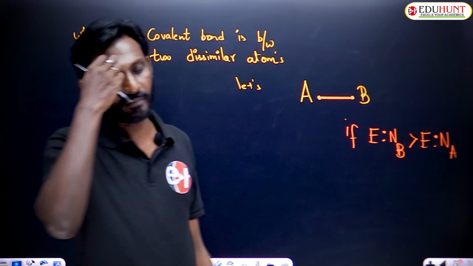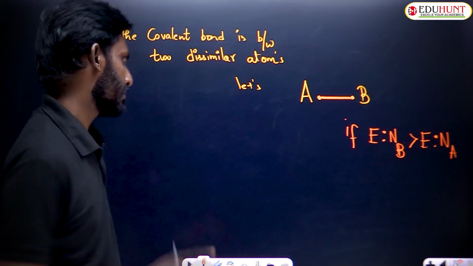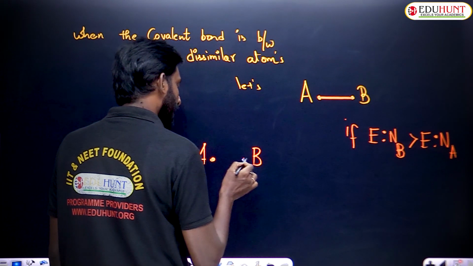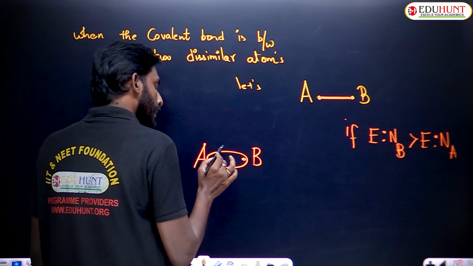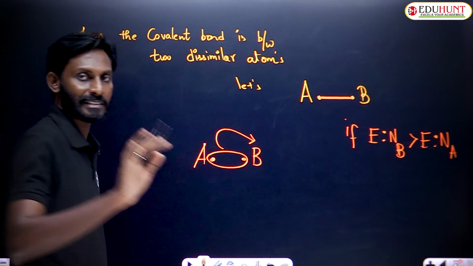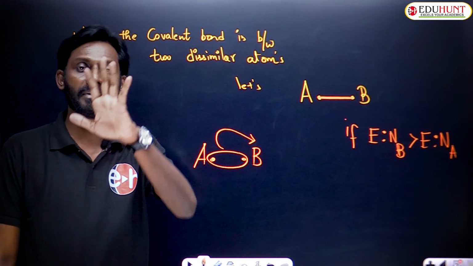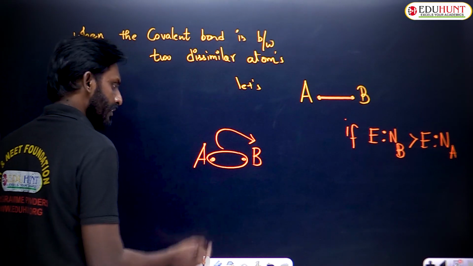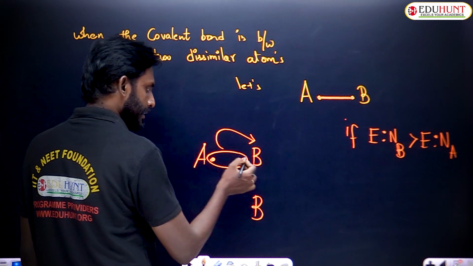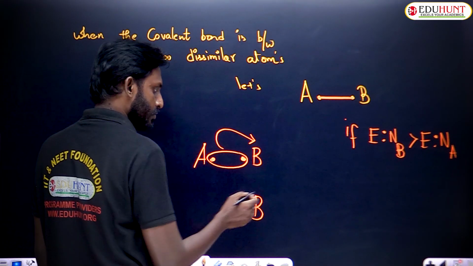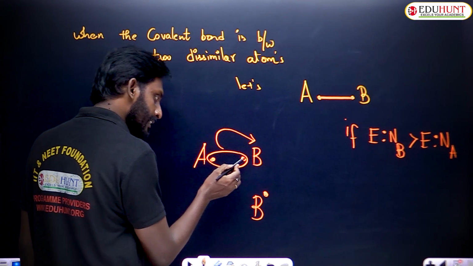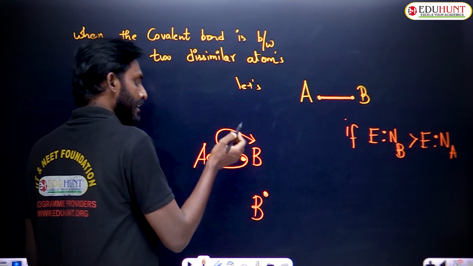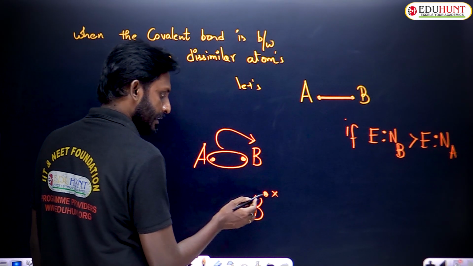and less towards A. Now you tell me, what happens if this pair completely moves towards B? It's a question I am asking you. Anyway, in this pair, one electron already belongs to B. Along with this B electron, now this atom B is getting an extra electron from A, right?